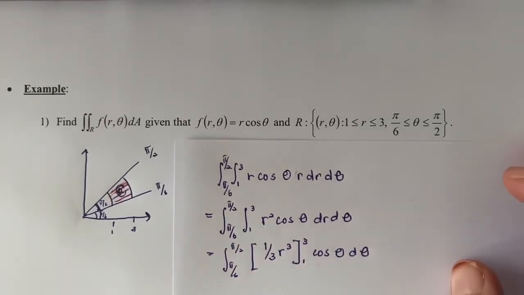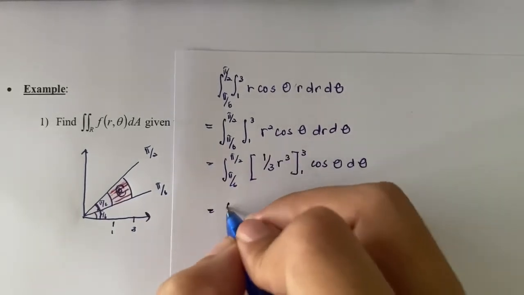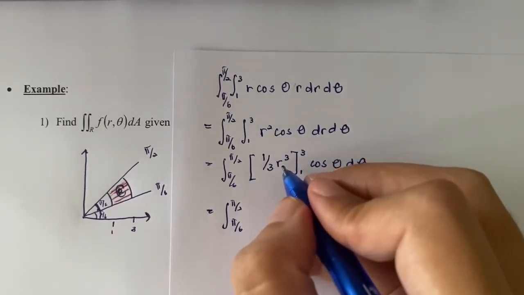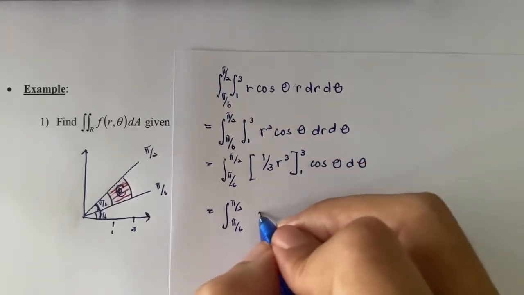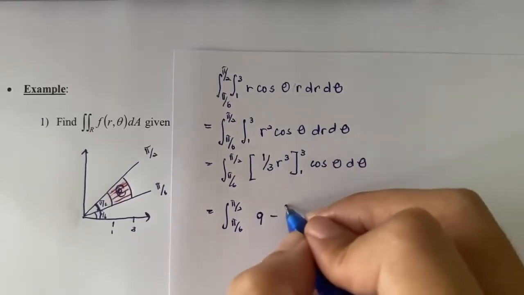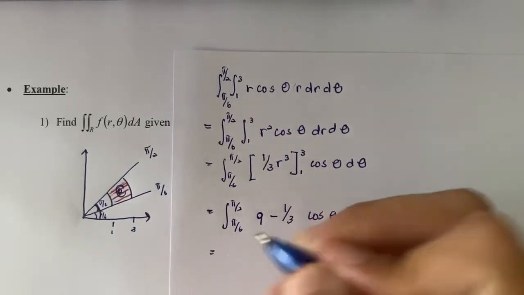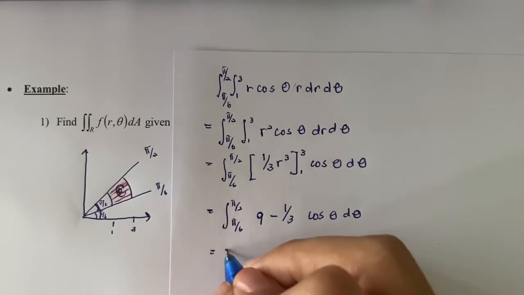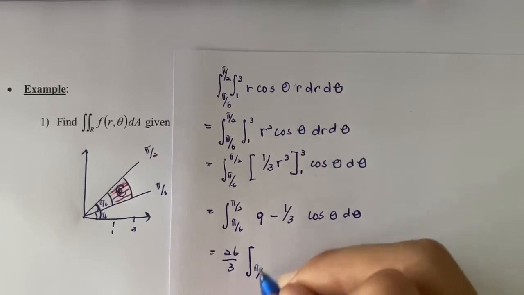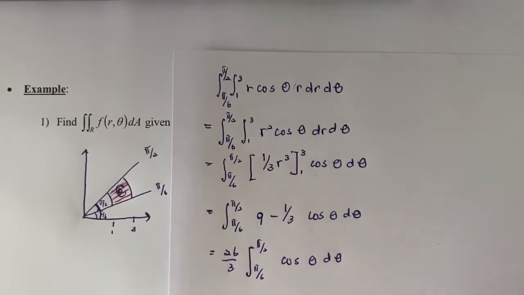Okay, and so for this one, we have the integral from pi over 6 to pi over 2. 3 cubed is equal to 27, divided by 3, we have 27 over 3. We have 9 minus 1 over 3, times cos theta d theta. 9 minus 1 over 3 is equal to 26 over 3, and then we need to do the integration for cos theta d theta.